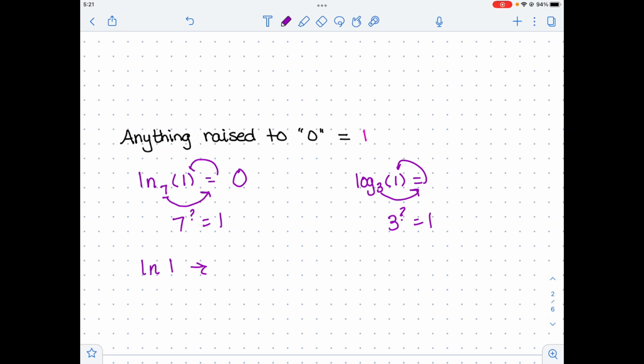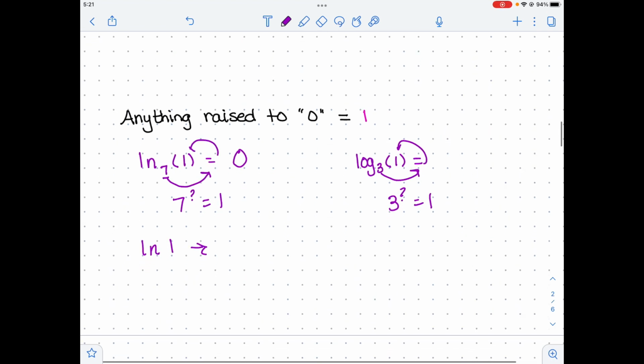Now, sometimes they're written very simply like this here. This is a natural log of 1. Remember, this is the same thing as saying log base e of 1. And we know that e raised to something equals 1.